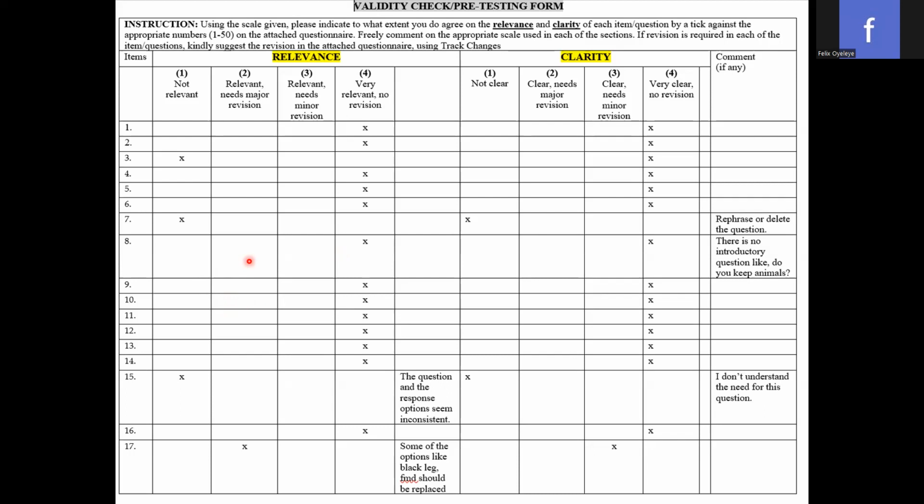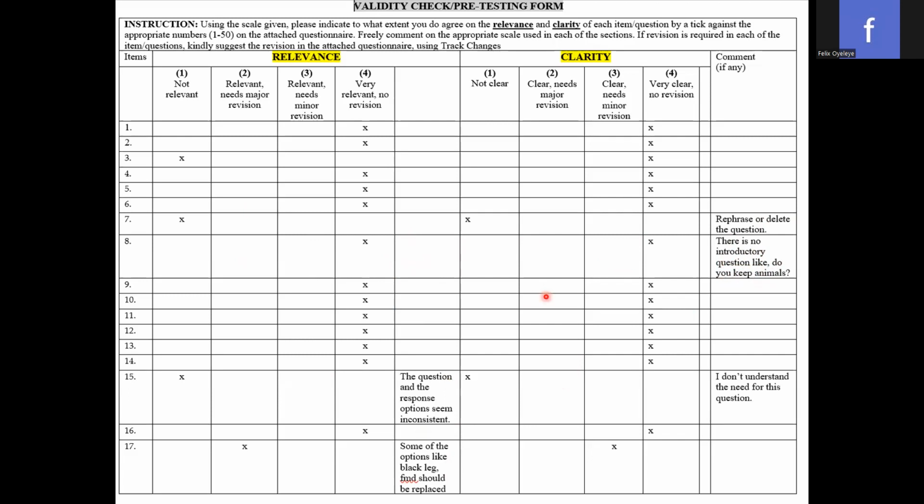If for whatever reason you feel that the items can be so many, why not break that research focus into 2 aspects or 2 phases and limit your questions so that you will not get a ton of responses when you present the questionnaire for people to fill. So you can see the comment here. There's no introductory question like, do you keep animals? So these are the ways to score a questionnaire using the validation form.